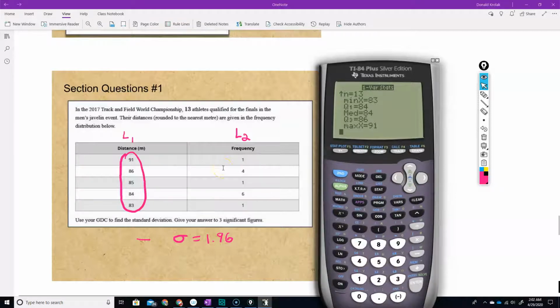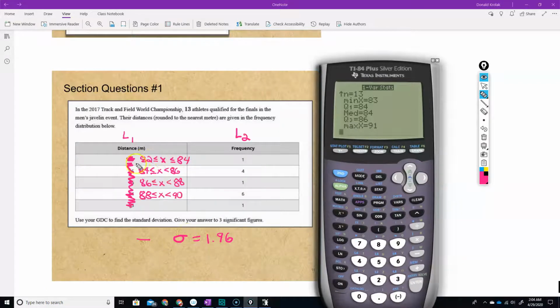Okay, now I didn't put an example on your notes of this, but if instead of it being distances, it was intervals. All right, so let's say that this was like between 90 and 92 meters. Let me do it like this. Hold on.